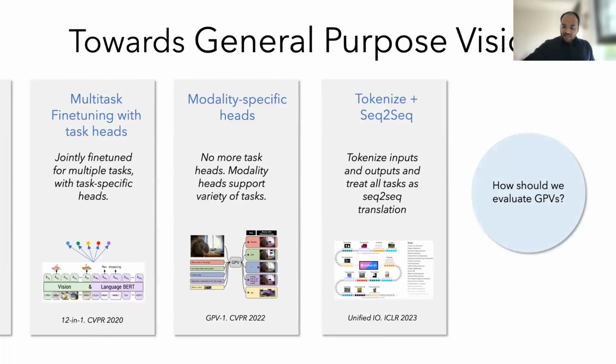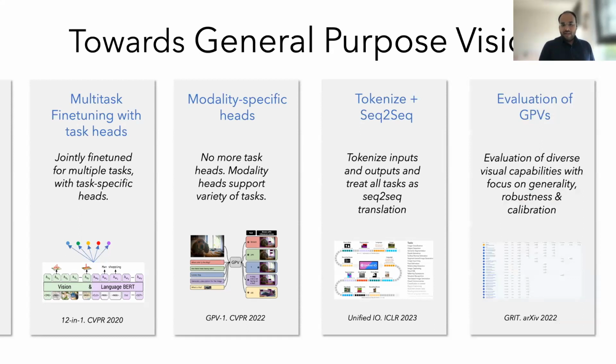So as we were building these general purpose vision systems, there was another important question, which is how do we evaluate these general purpose systems? And it's not sufficient to just evaluate these on separate data sets and benchmarks, but you also have to worry about evaluating these diverse visual capabilities and focusing on how well the system generalizes to novel concepts and novel data distributions, and how well the model is calibrated and how robust it is to various kinds of noise in the image.